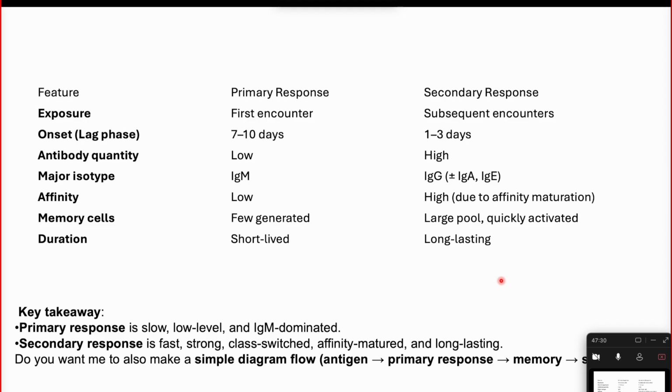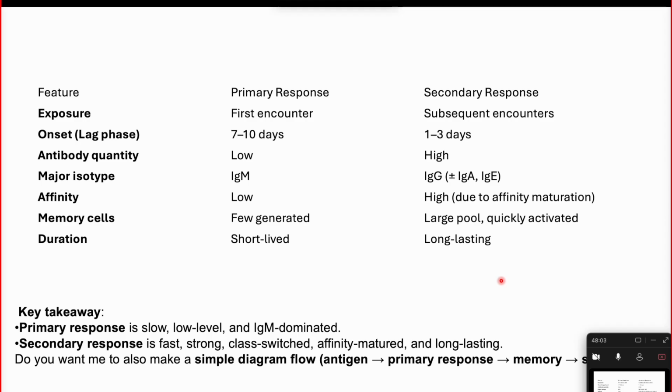Antibody quantity is less in the primary response and more in the secondary response. The isotype in the primary response against the antigen is IgM, while in the secondary response it is IgG, and then depending upon the antigen it can be IgA and IgE.